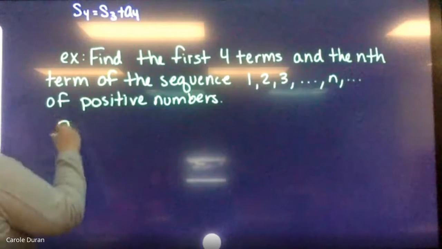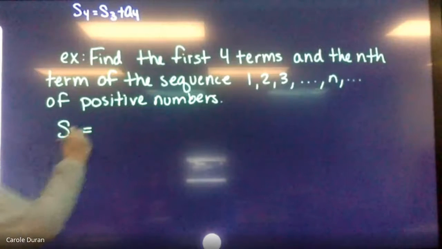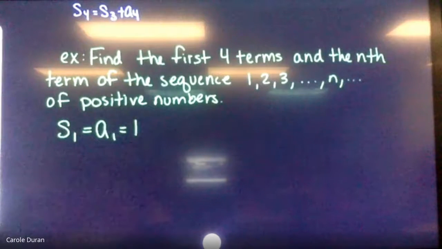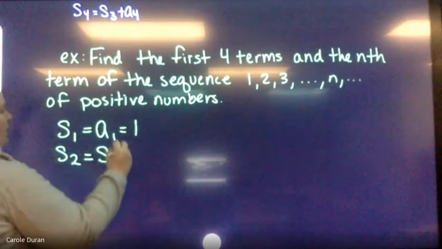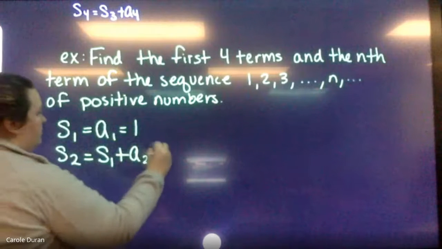Which means that my sum 1 is going to equal what? A1. Just my first term, A1. And what is A1 here, Colin? 1. 1, look at that. So S1 would be 1, because it's just the sum of my first term. S2 then would equal sum 1 plus my second term, A2.